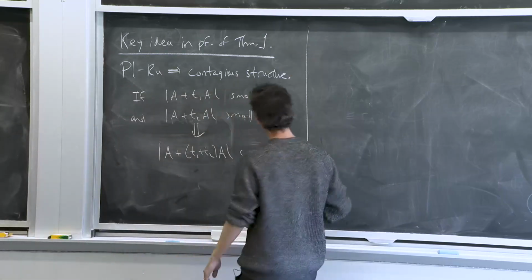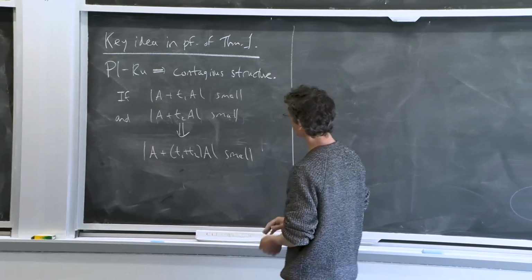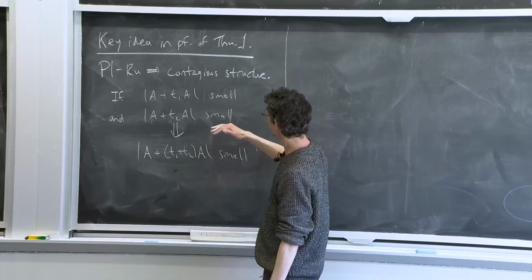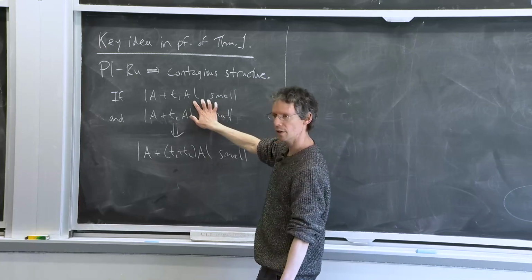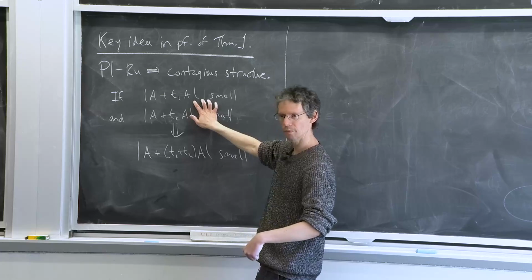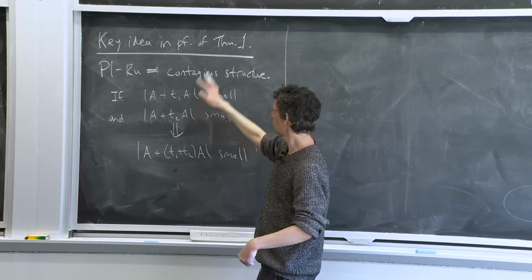So what if we tried to work with energy throughout? Instead of trying to prove that A plus tA is big, we're going to try to prove that the energy is small. So we're doing a proof by contradiction.